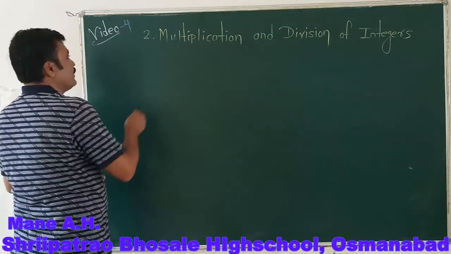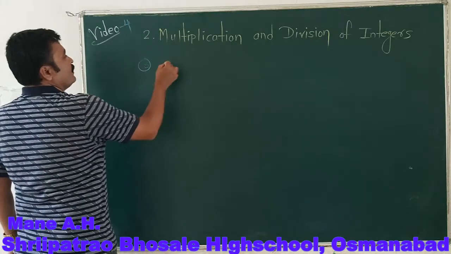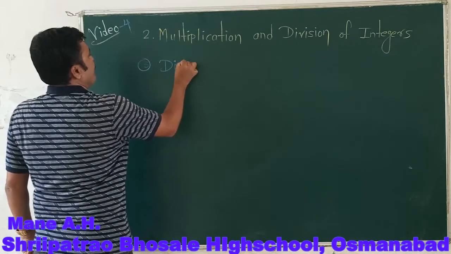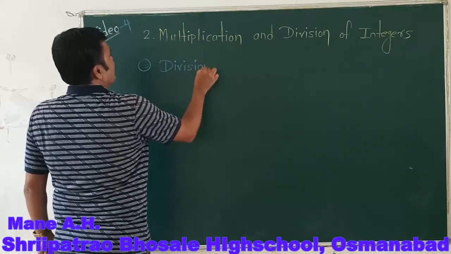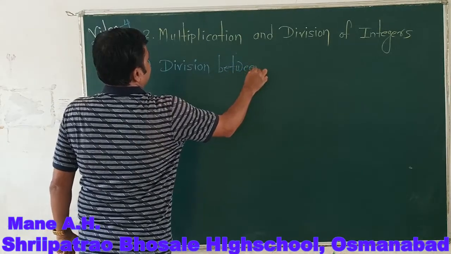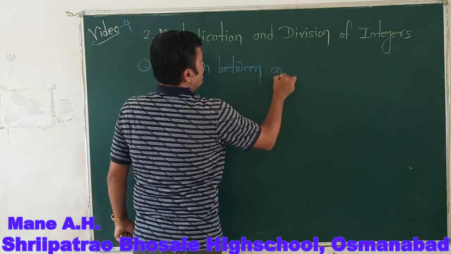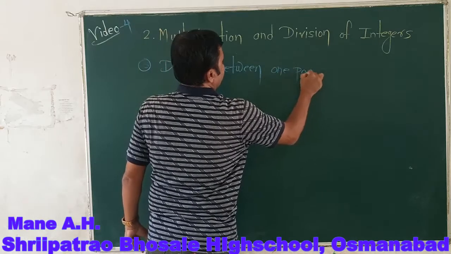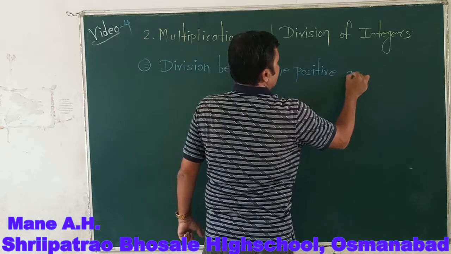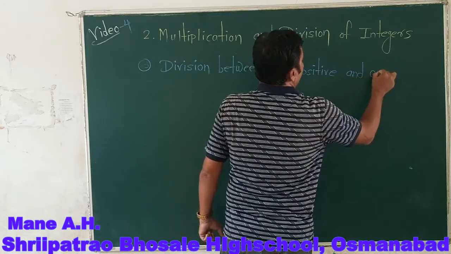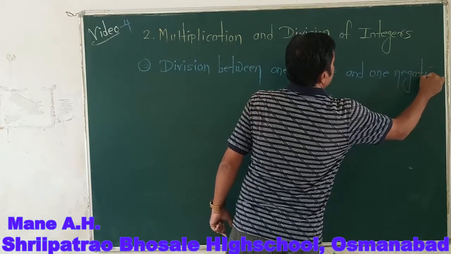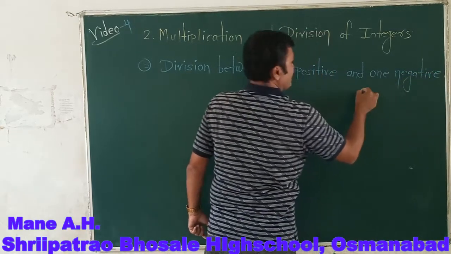Now in this third condition for the division, the condition is in this way: division between one positive and one negative integer.